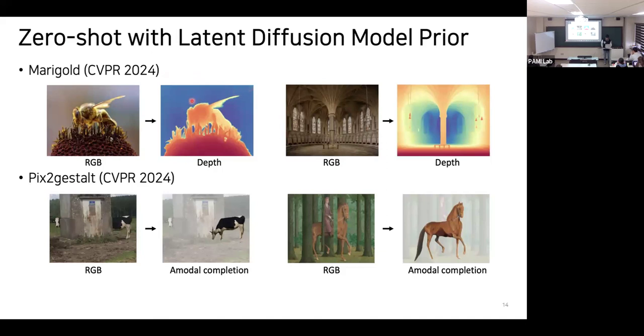As you can see here, we can predict depth from an RGB image, and we can also predict amodal completion from an RGB image. The advantage of using the latent diffusion model is zero-shot performance. By using this diffusion prior, they can do these tasks on unseen datasets easily.